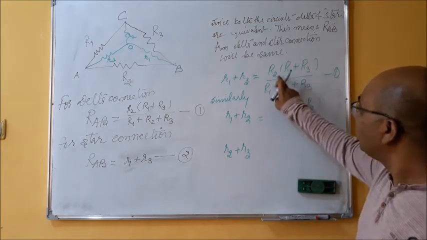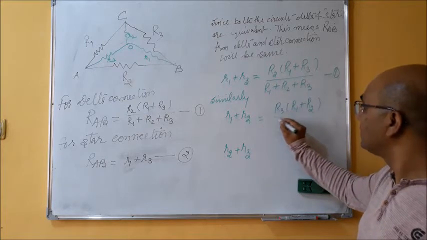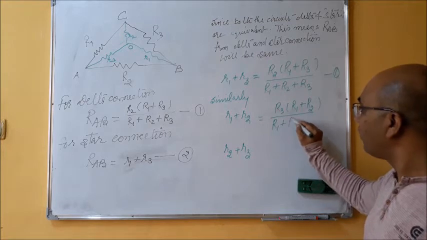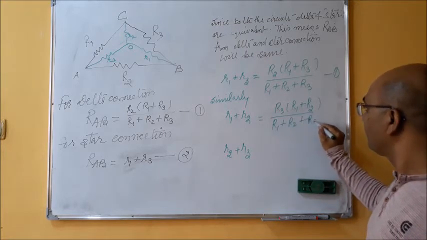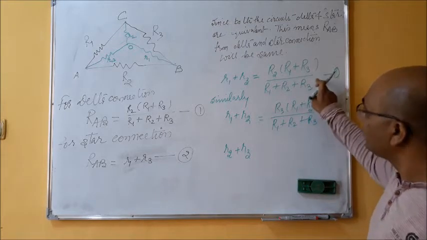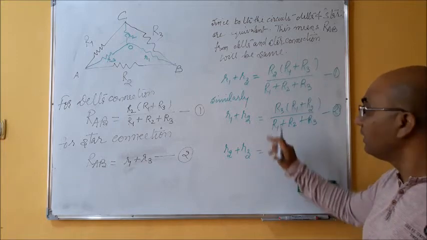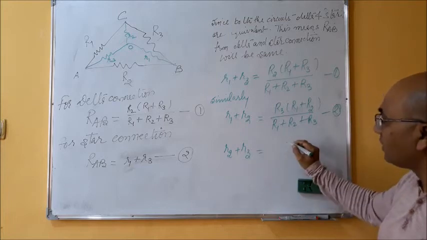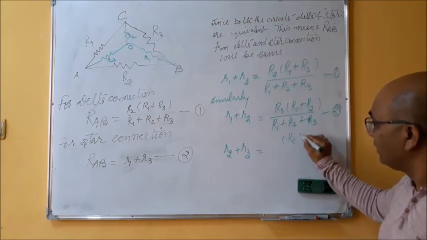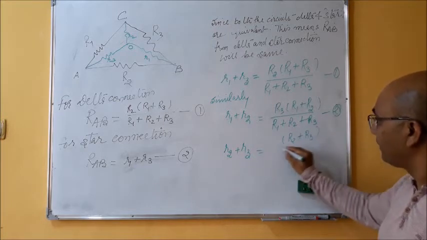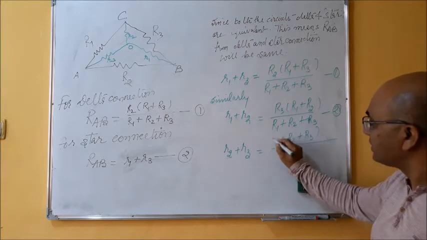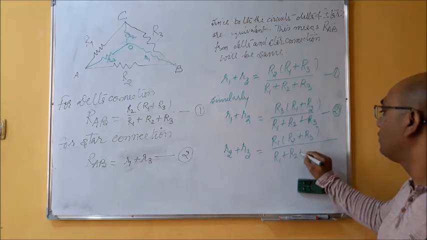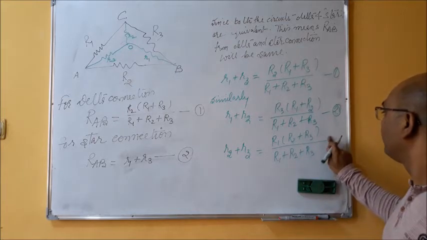The rest, the third, is multiplied here. So what is the rest? R3. And in the denominator we have the sum of all three. So from this equation we can correlate. Similarly, we can write here, there is r2 and r3. So what will be in the bracket? R2 plus R3. What is the rest? R1. What is here? R1 plus R2 plus R3.